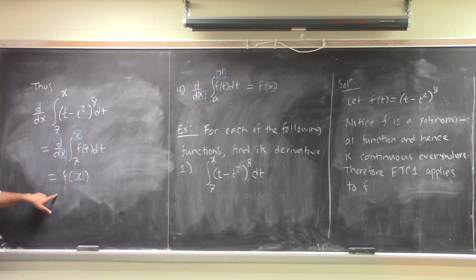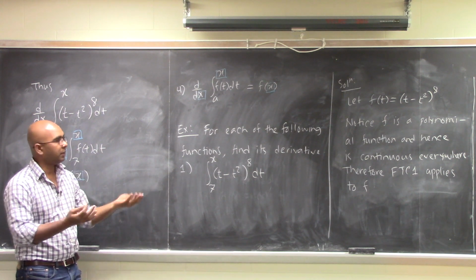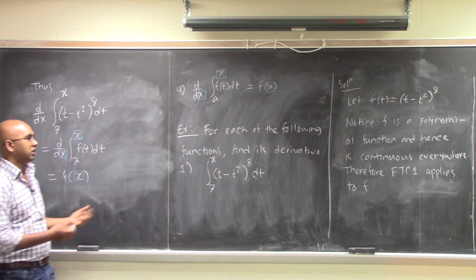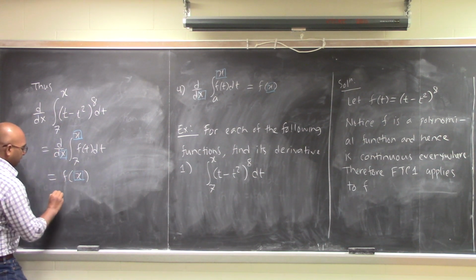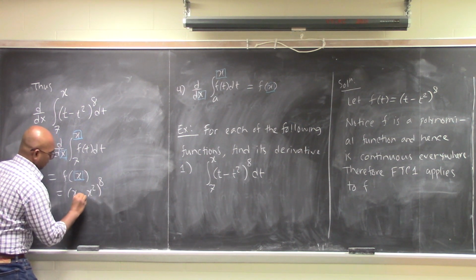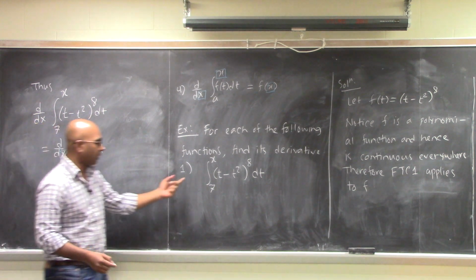Now, what is f of x? f of t, if you use t as your input, is t minus t squared raised to the power 8. So if you just write your input as x, then this is going to be x minus x squared raised to the power 8. So that's it. That's the derivative of this function.